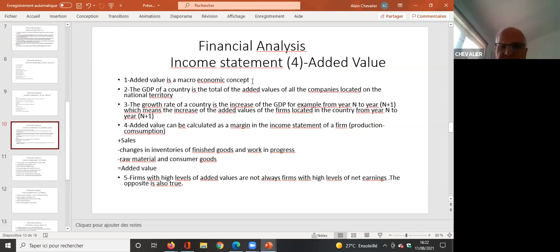So the growth rate of the country is based on the growth rate of the GDP, and the growth rate of the GDP is in fact the growth rate of the added values of all the companies within the country. So, you know, for the authorities, political and economic authorities of the country, it is clear that added values are very important for tax reasons and also for growth measure and announcements.